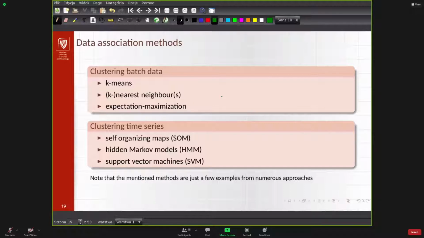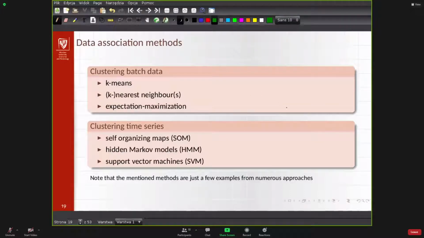The method would be like, okay, let's find the image that is most similar to what I have, and let's assume that the object that we are now getting is of the same class as the object from the class that we already know. So the basic approach. K nearest neighbors is just a voting method. So you can say, okay, let's take 5 nearest images to the current one, and let's see.